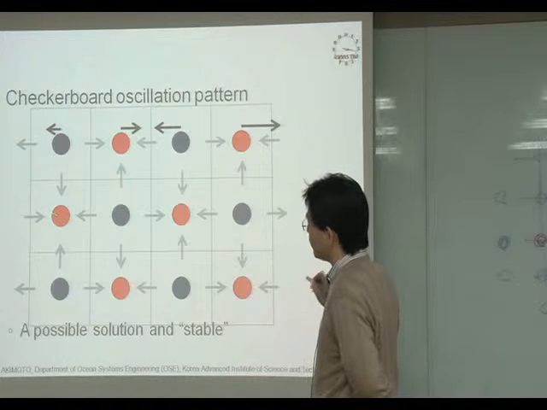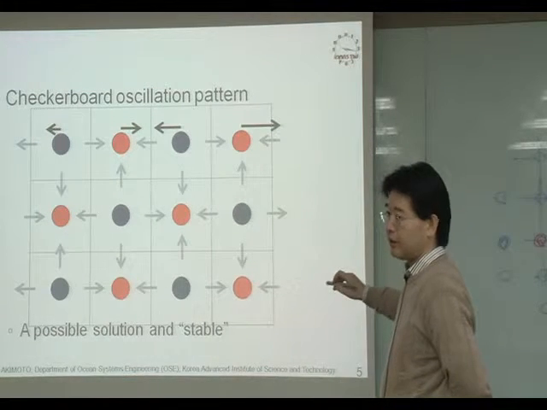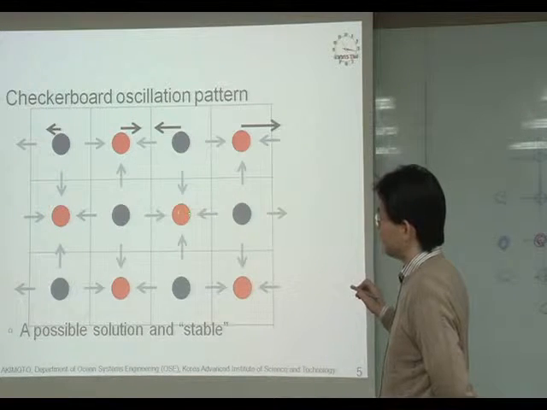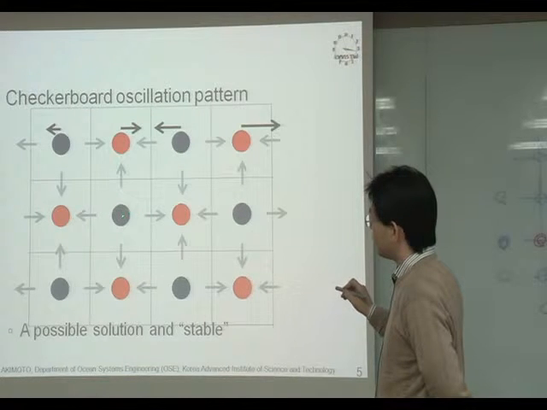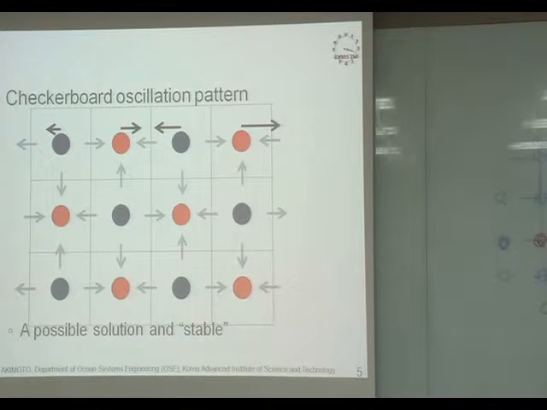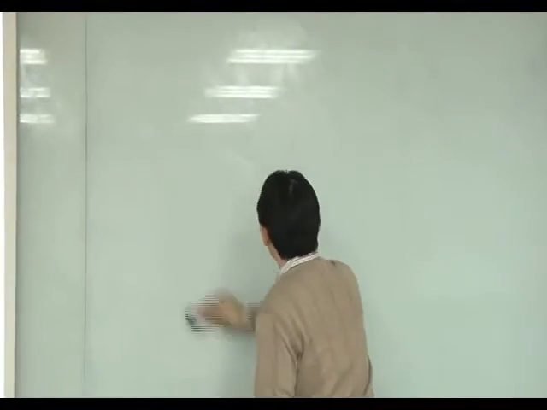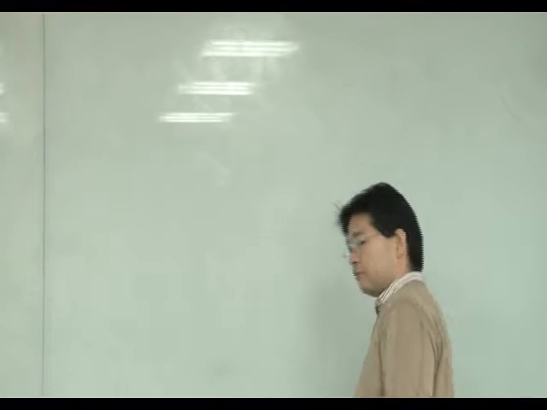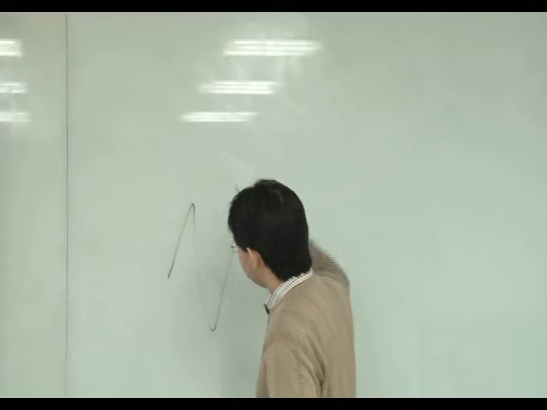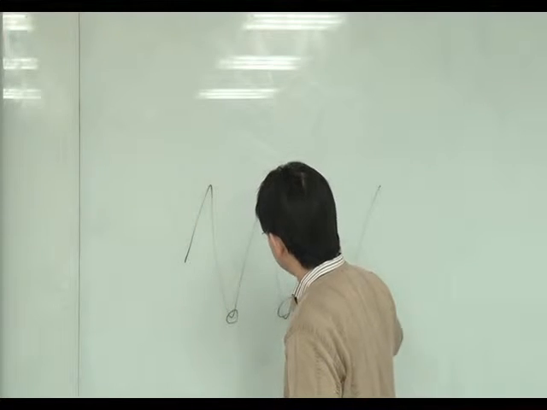Although this pattern is not natural, the calculated pressure gradient will be flat if the difference of this one and this one is small, and also this difference of this one and this one is small. So in this case, pressure shows unnatural oscillation like this.